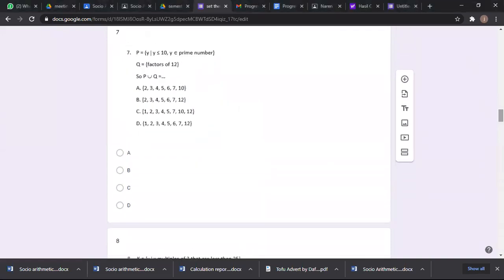So here, talking about intersection and talking about union. Y is less than or equal to 10, and y is an element of the prime numbers, so we can list the members: 2, 3, 5, 7.